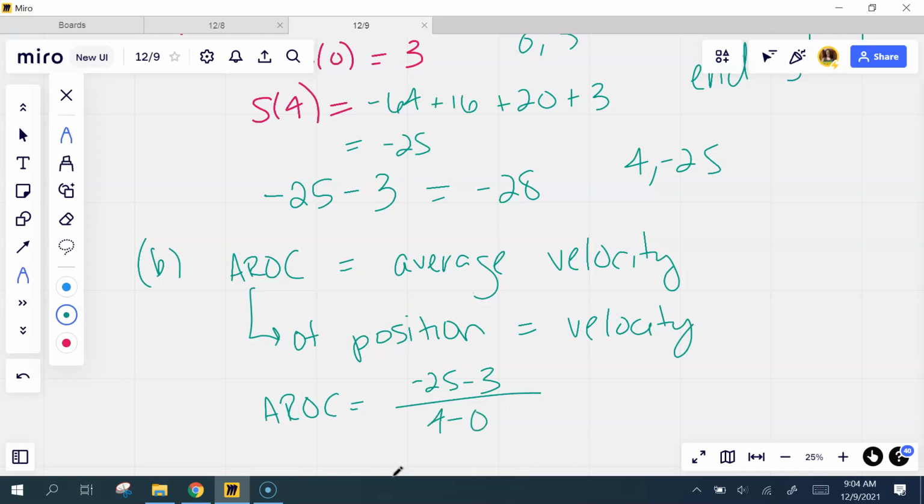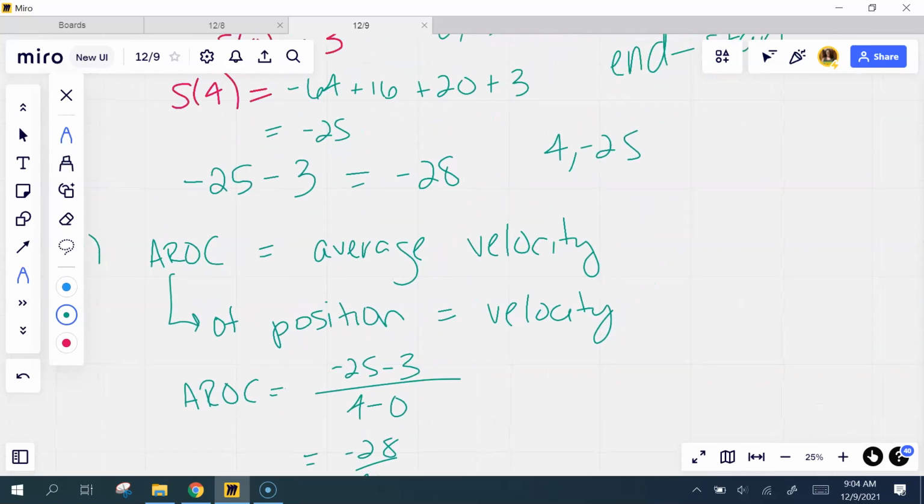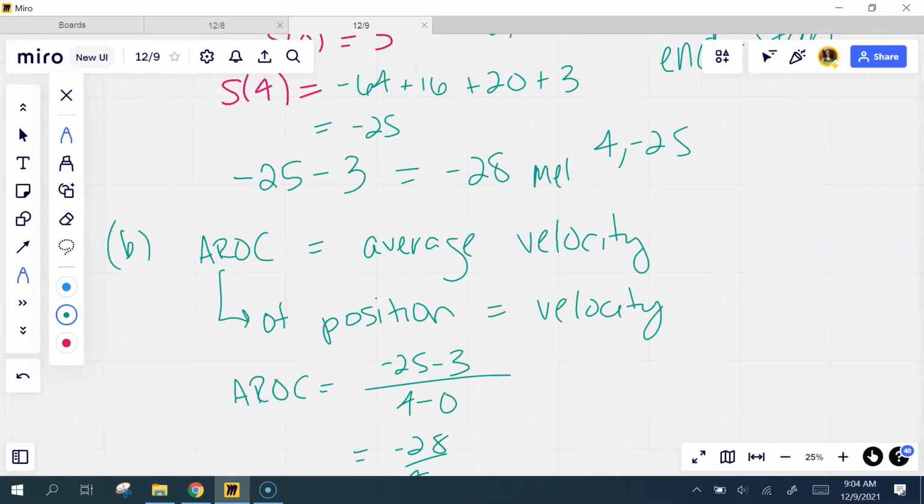Now, ironically enough, what do you notice about the top there? It's the displacement, right? Now, do not forget here, this is meters.